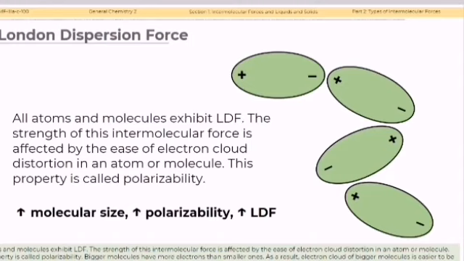Bigger molecules have more electrons than smaller ones. As a result, the electron cloud of bigger molecules is easier to be distorted than that of smaller molecules. Thus, separation of charges is of greater magnitude and LDF is stronger.